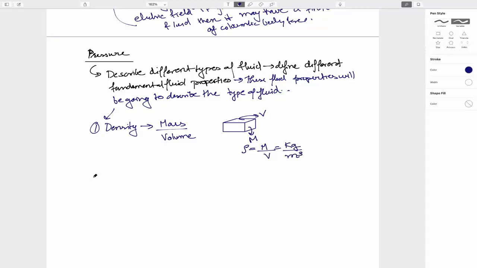Another very important property is viscosity. In very easy terms, viscosity is the resistance provided by the layers of fluid when you apply shear force over a fluid.